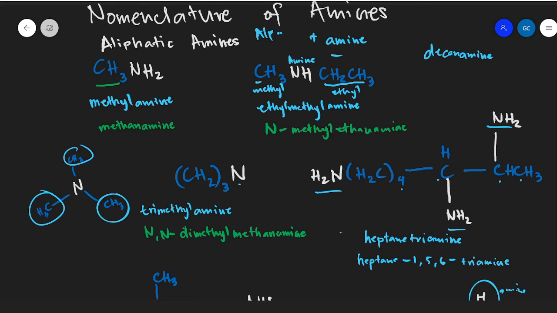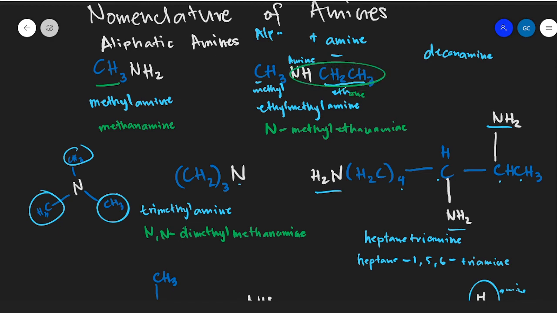Instead of using numbers, we will actually be using the nitrogen as parang kumbaga placeholder or number holder. So as you may see here, meron tayong ethane to be exact. Yung ethane natin ay nakakabit sa ating amine.